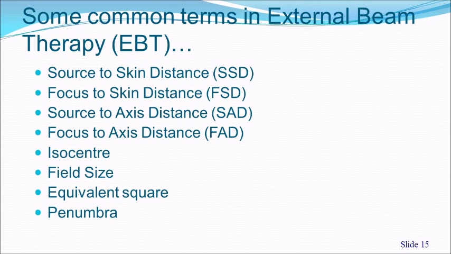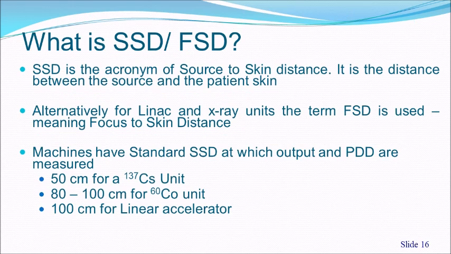The isocentric machines don't use the term SSD, they use the term SAD because it is the distance from the source to the axis point, like the axis of rotation point. Then you can also use focus to axis distance, FAD. The other terminology is isocenter, field size. It looks very simple, but I'll explain, there is a small point there. Equivalent square and penumbra.